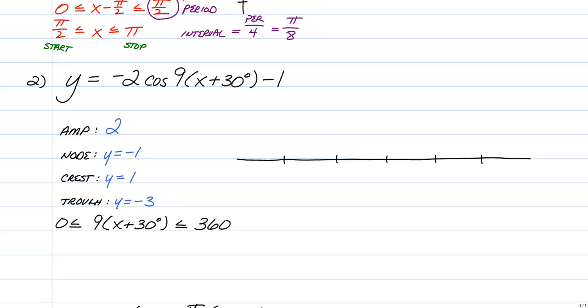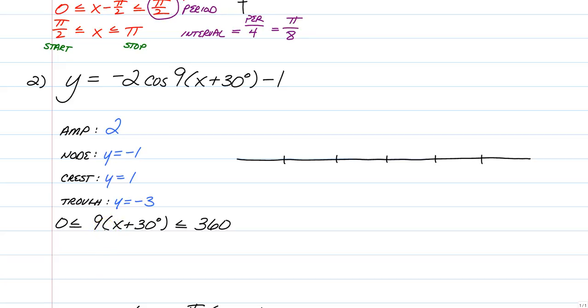Now, moving on to our start and stop and our period and interval. The first thing we're going to do with this, it's already set up for you. We just have to do our first step and divide by 9.